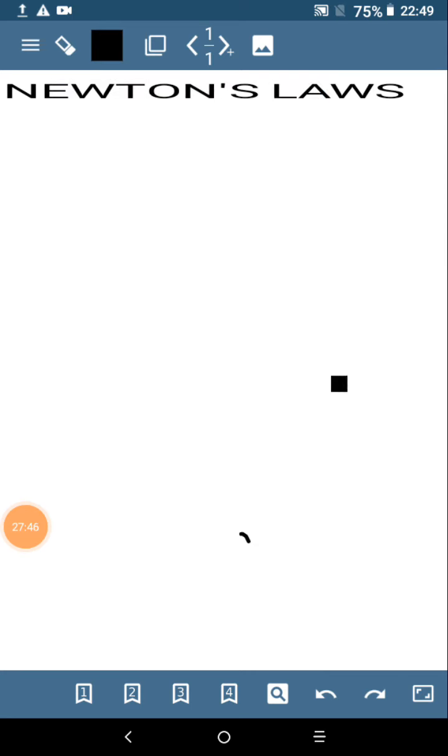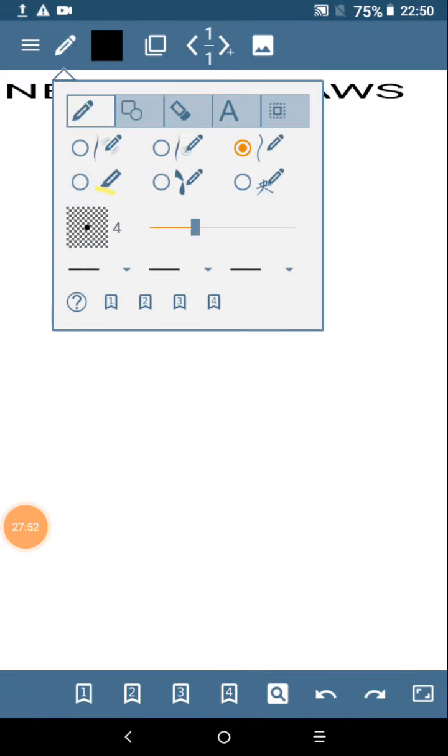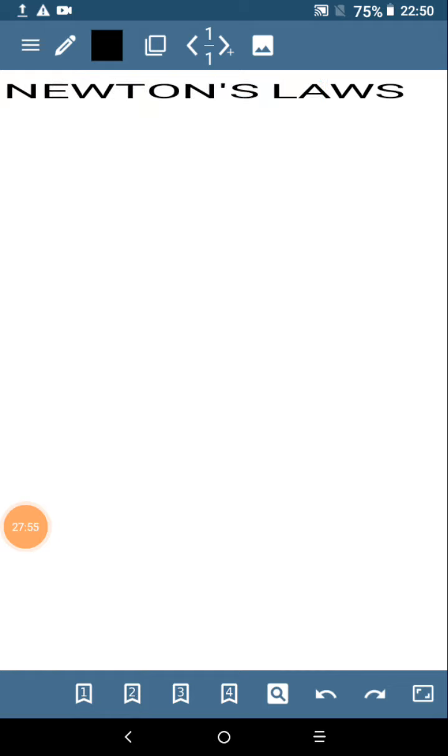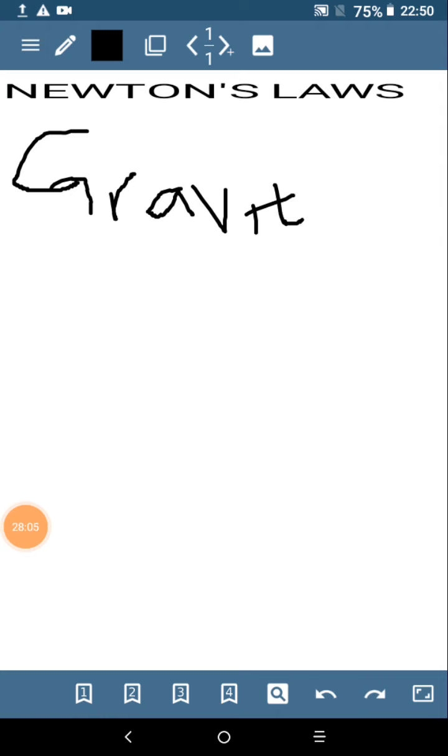Coming to the foremost and important force that you guys should never forget, that is the gravitational force. I don't have space, but it's gravitational force. All the forces, guys, are measured in newtons.